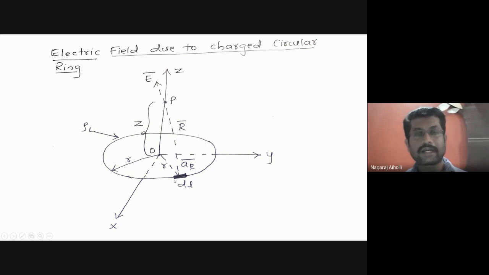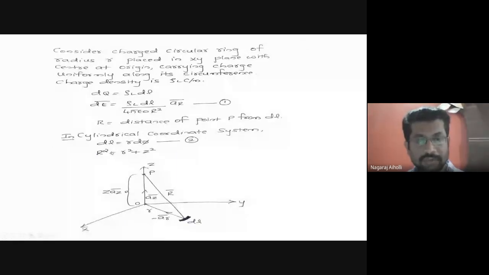That is our property of geometry. So dl is equal to r into d phi.